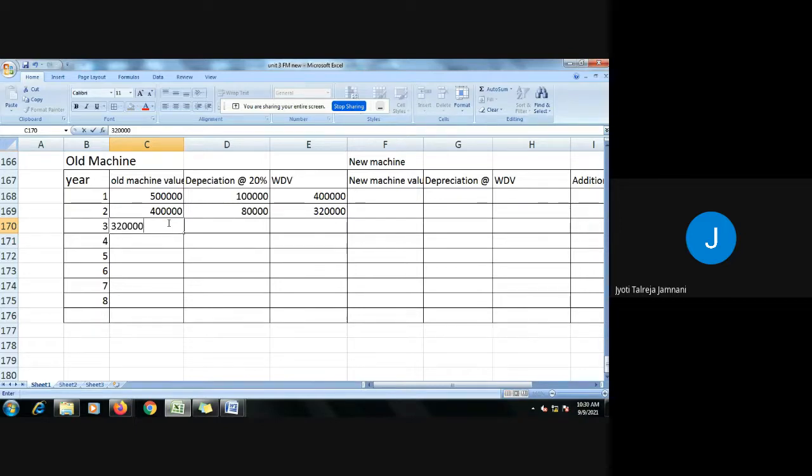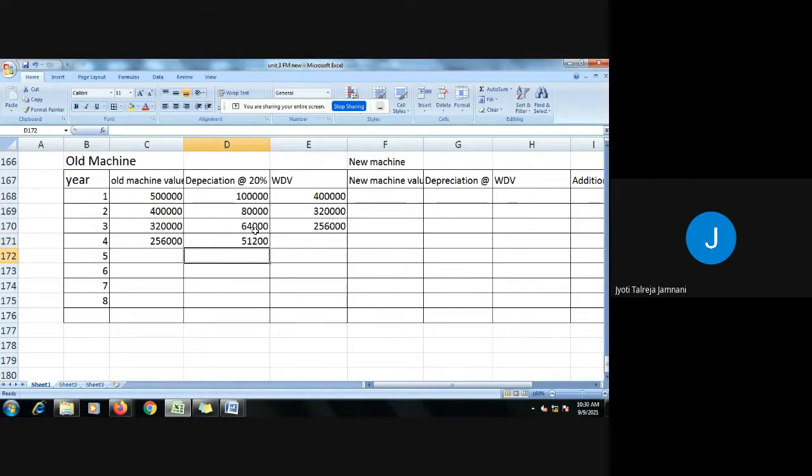We bring it down. On 3 lakh 20, we have to calculate 20% depreciation. You get 64,000, and from 3 lakh 20 we'll minus 64 to get the written down value. So 2 lakh 56 is the written down value. On 2 lakh 56 we'll find 20% depreciation.